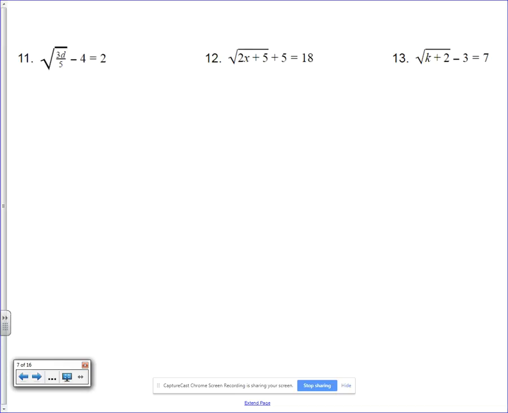So you can check yourself. Number 12 should be somewhere between 80 and 90. Number 13 should be somewhere between 90 and 100.